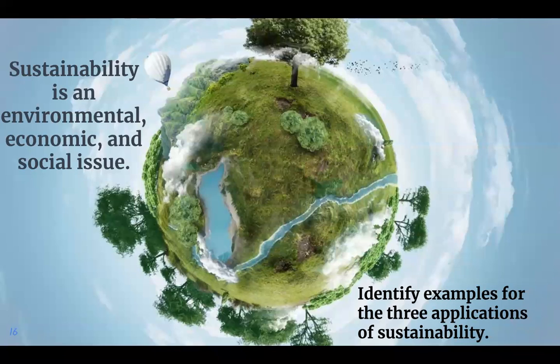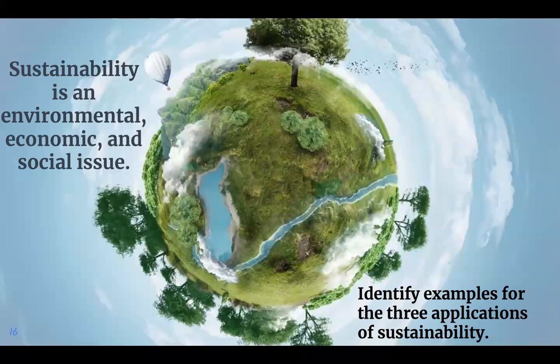Economic sustainability is slightly different. So that means that all people have access to these resources, right? To purchasing power. And then finally, social sustainability refers to environmental justice issues.